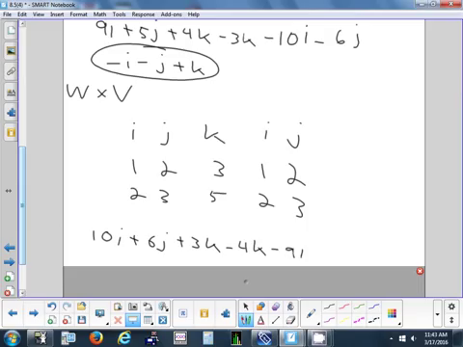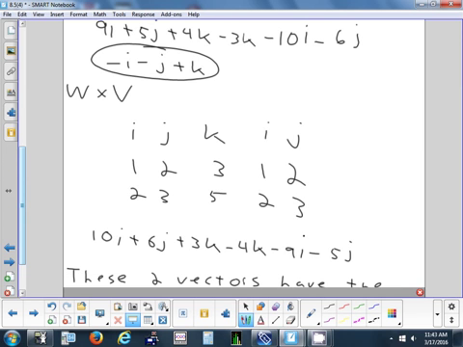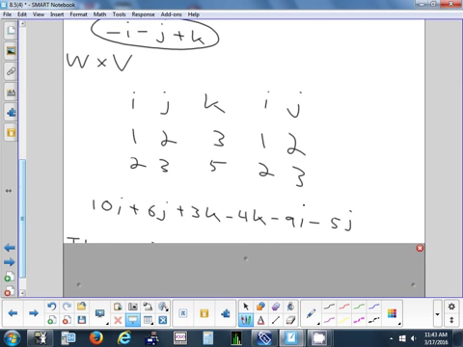And j 1 5. Minus 5j. Okay, what's my i component here? Just i. Positive i. Positive j. Negative k.